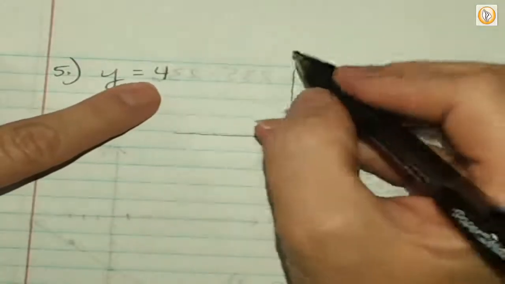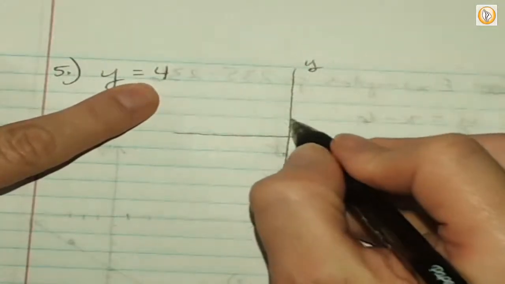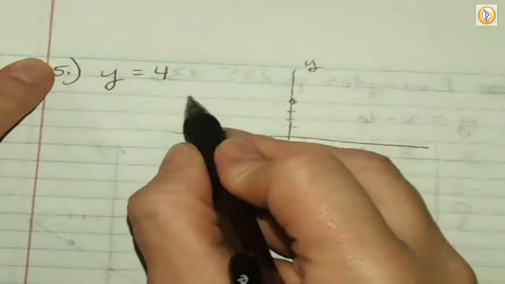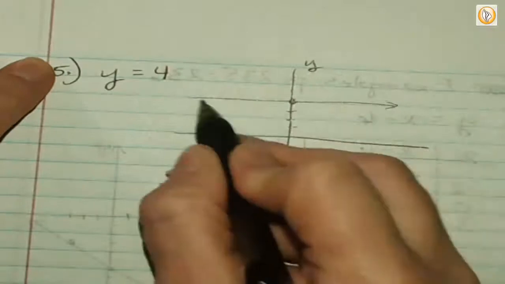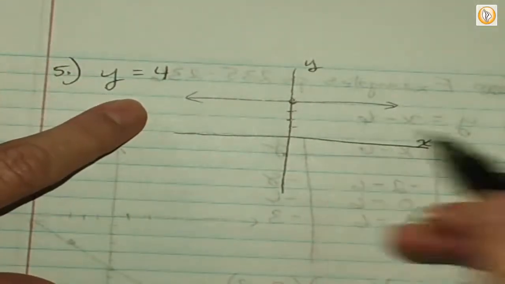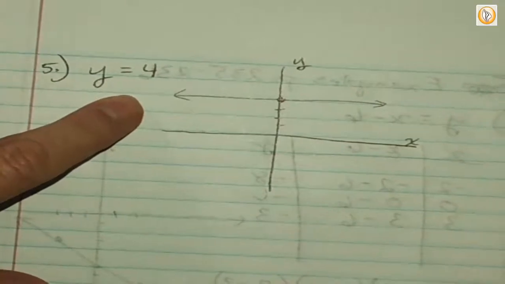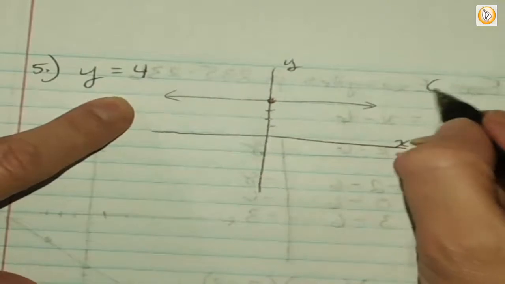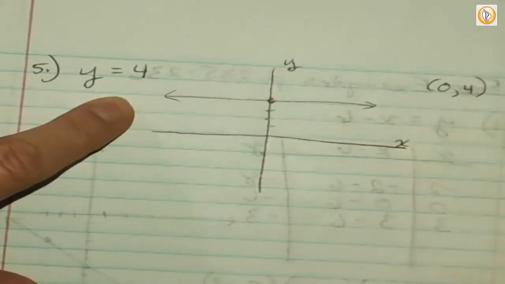If y is 4, 1, 2, 3, 4, it's right here. There's your graph. The only ordered pair, I mean, you could choose along here, but really your ordered pair is 0 and 4.